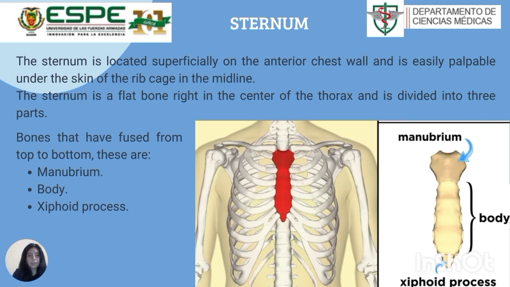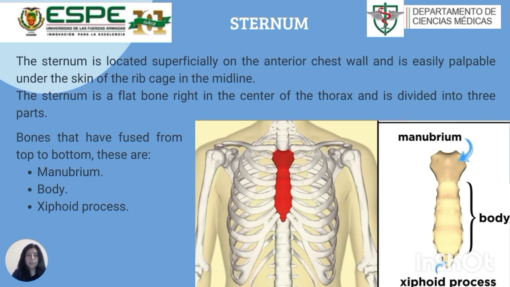Sternum. The sternum is located superficially on the anterior chest wall and is easily palpable under the skin of the rib cage in the middle.